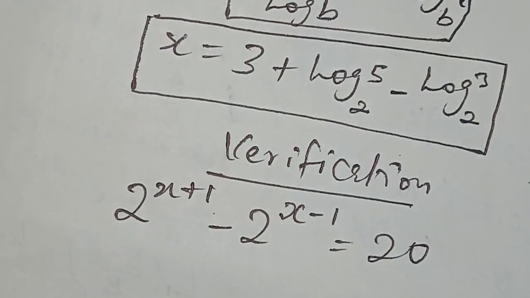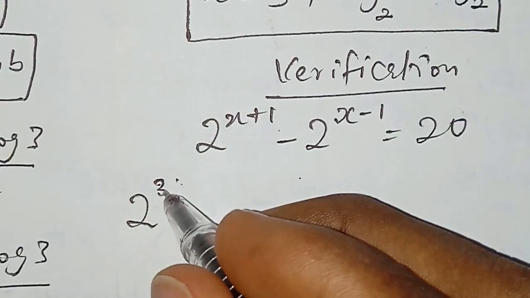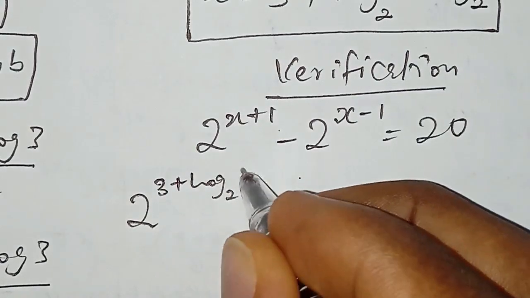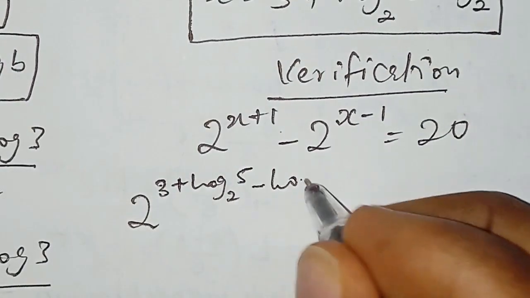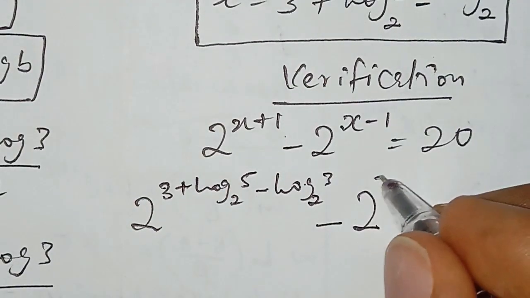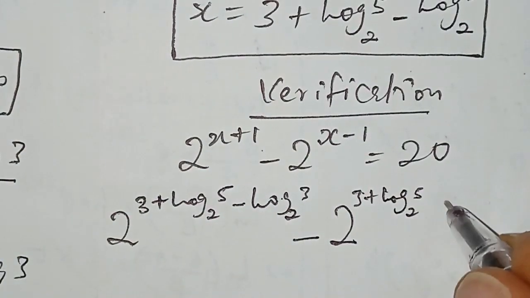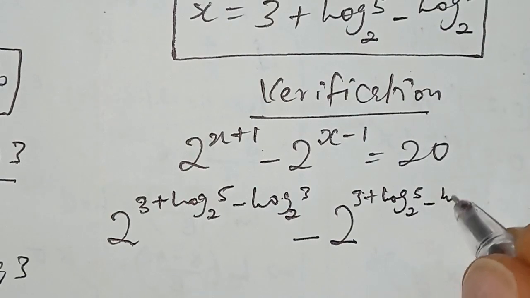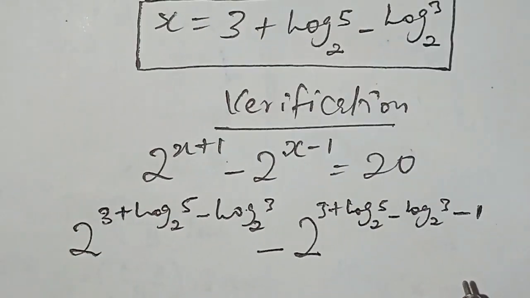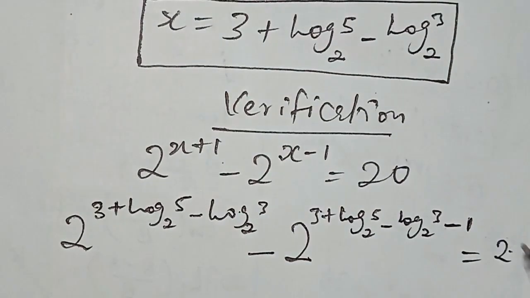So if we insert the value of x into this equation, we have 2 raised to power 3 plus log of 2 base 5 minus log of 2 base 3, minus 2 raised to power 3 plus log of 2 base 5 minus log of 2 base 3 minus 1, all equals to 20.